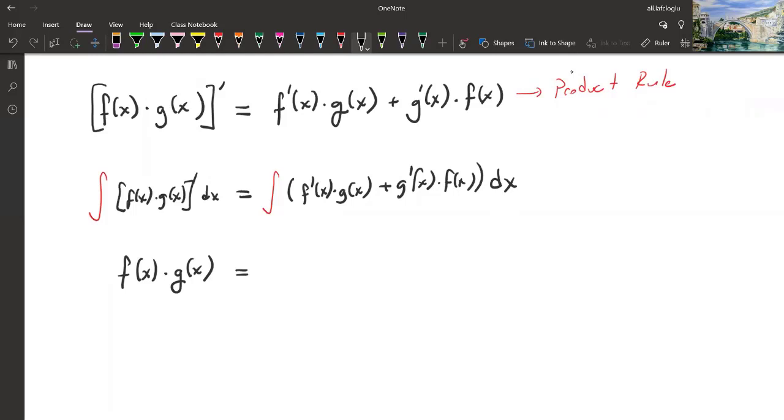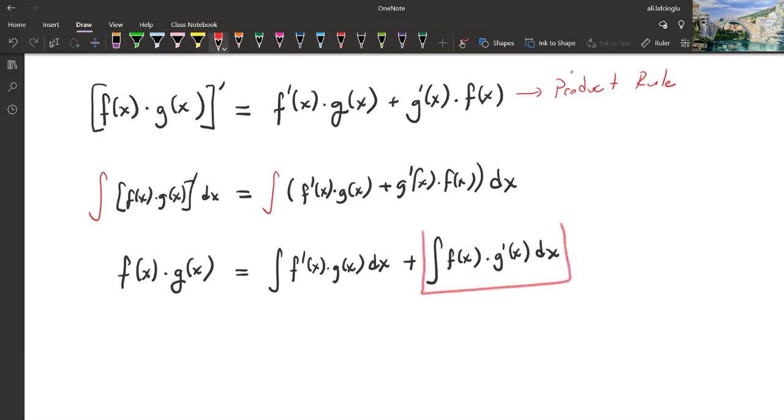You may write in this form, integral of f prime of x times g of x dx plus, since multiplication is commutative, I can write f of x times g prime of x dx. Then I will take this one here and leave this one alone.